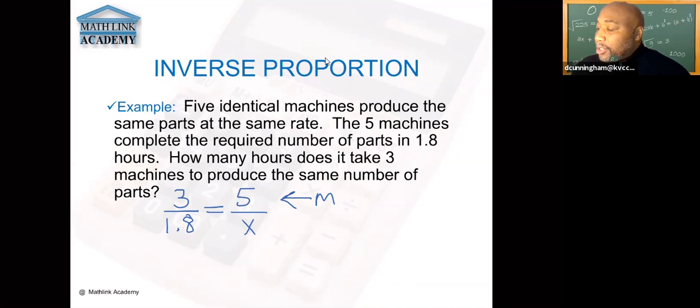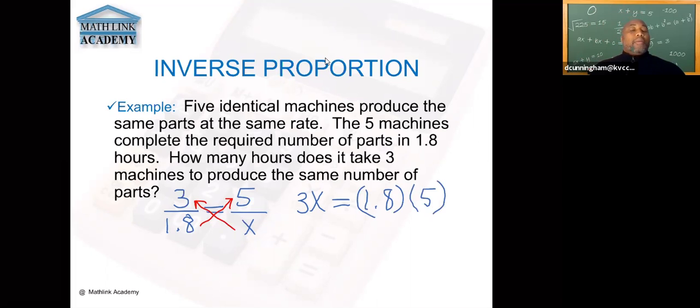Now, in this case, we need to solve for X. And I'm going to show you this particular way. We're going to move X up here and move this 1.8 up. So in this case, we have 3X is equal to 1.8 times 5. Divide both sides by 3.